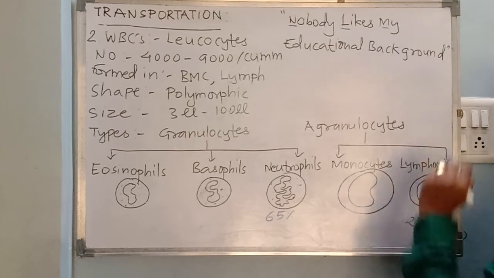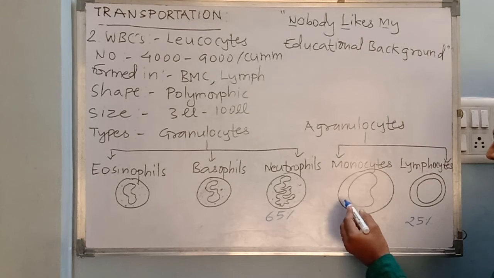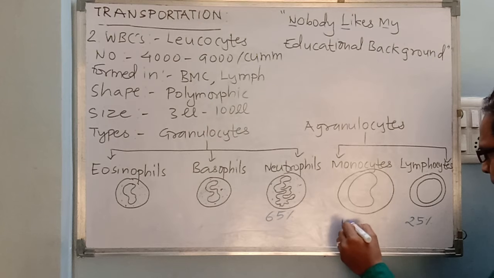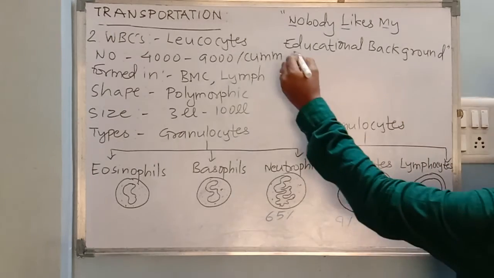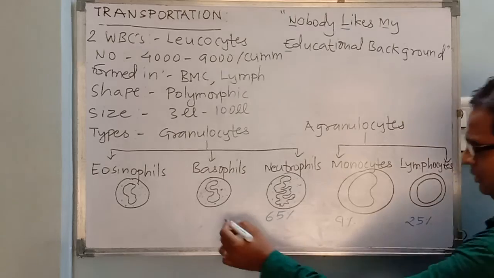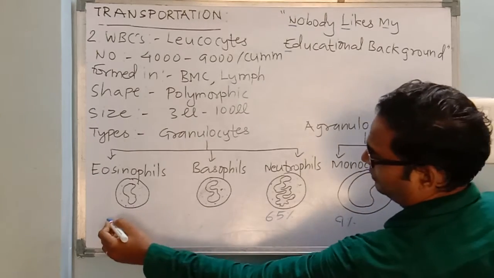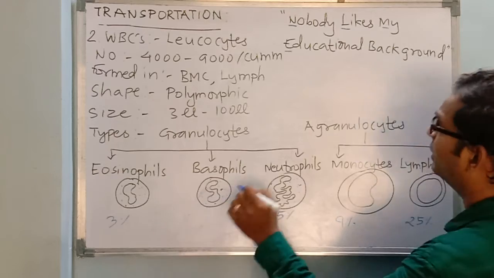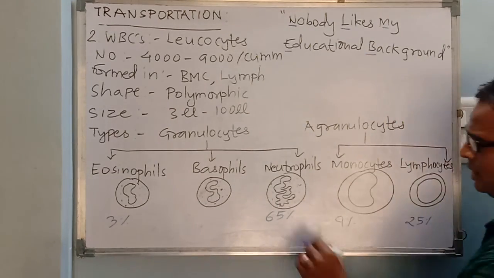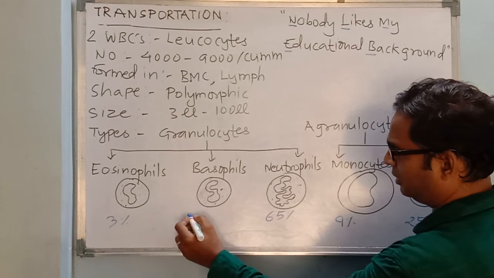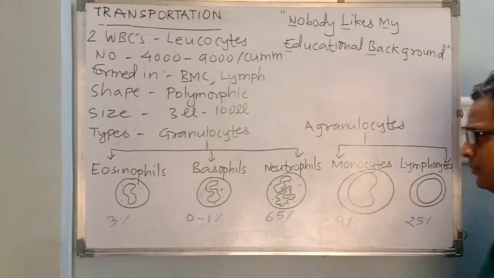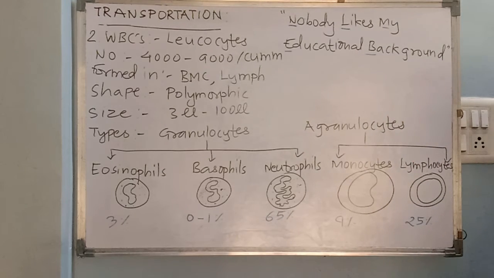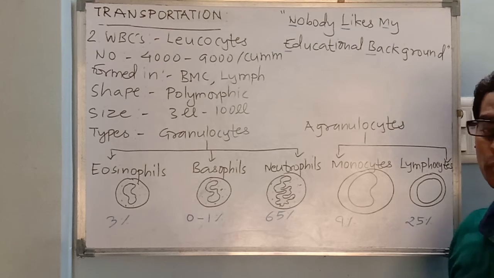Then M, that is monocytes, approximately 9%. Eosinophils are about 2 to 3%. And basophils, that is background, are the least, only 0 to 1%. So the least WBCs are basophils and the maximum WBCs are neutrophils.